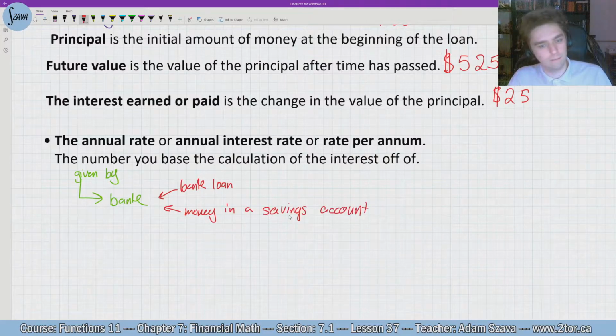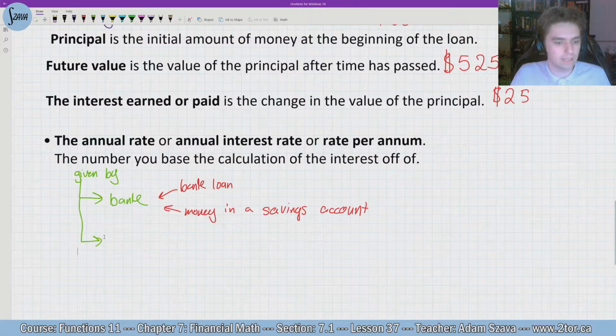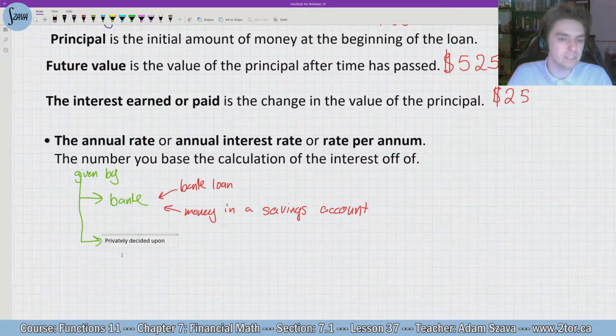The other way you can get an interest rate is that it can also be privately decided upon by the people making the loan. But it's usually something that's given in the question. In fact, like 90% of the time, the interest rate is just given in the question, and it's something you base your interest calculations off of.